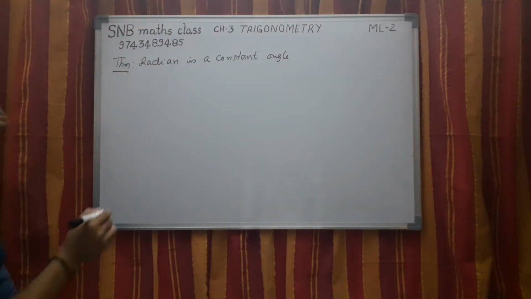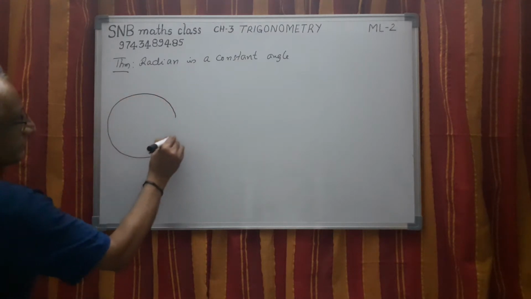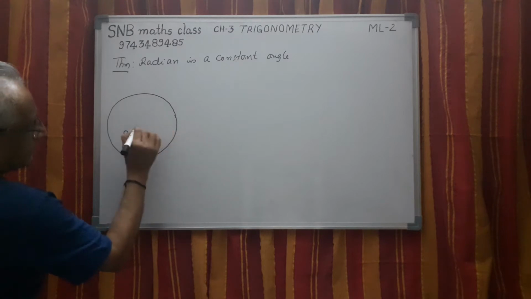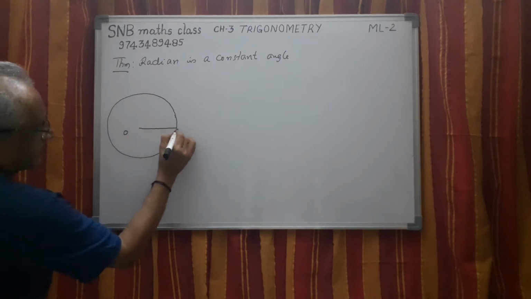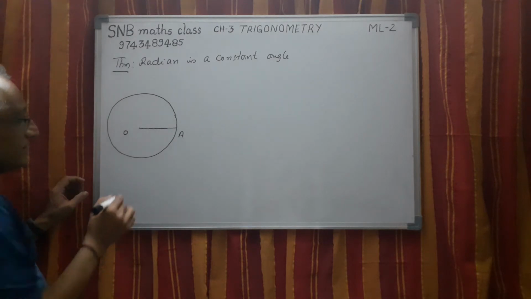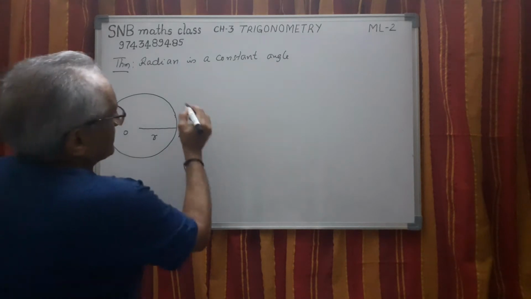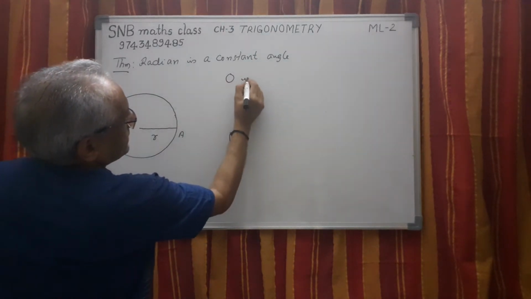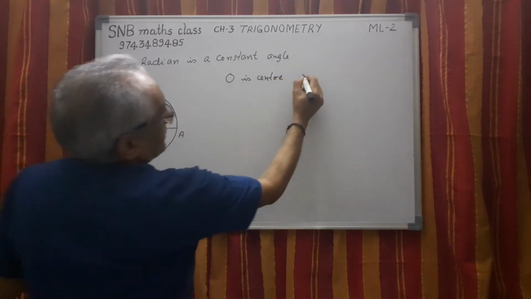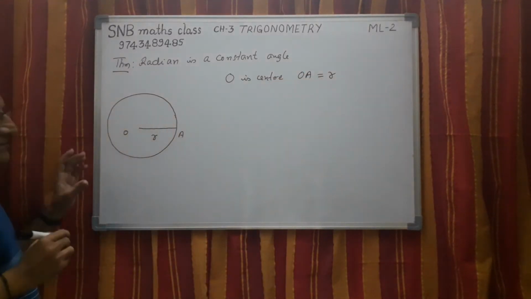So how to prove it? Let us take a circle, say center is O. Let us take one radius A. And now we know the meaning of radian. Say this radius is r. So the assumption is O is center and OA equal to R. So this is the first thing.